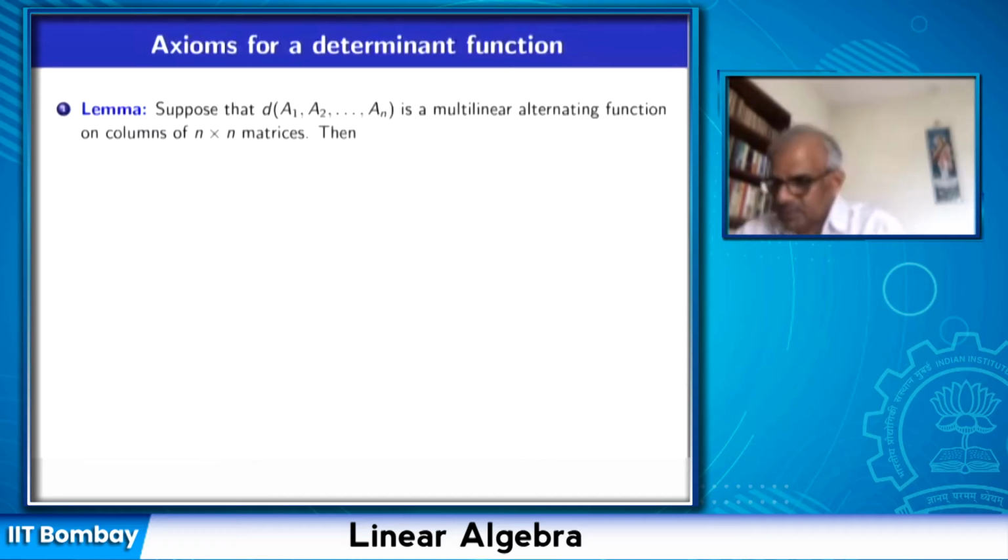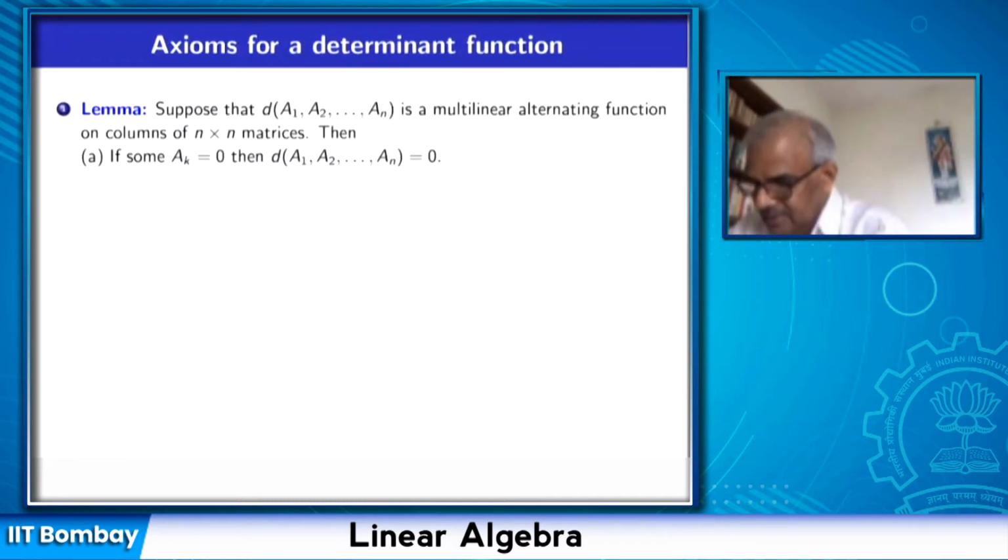So let's prove a small lemma first. Suppose that D(A1, A2, ..., AN) is a multilinear alternating function on the columns of n by n matrices. I'm not assuming that its value on the identity matrix is 1. I'm just saying that we have a multilinear alternating function.